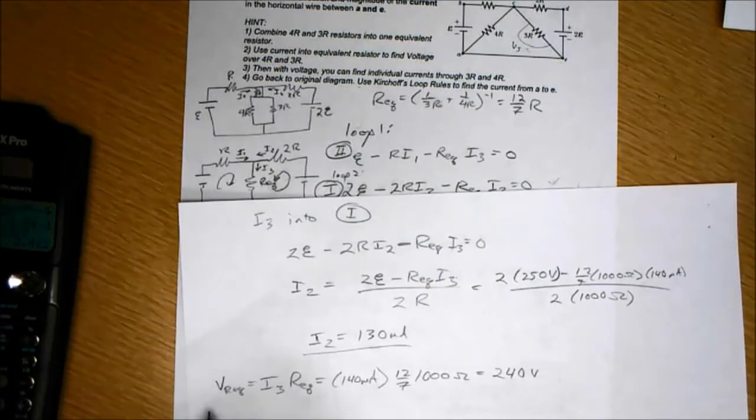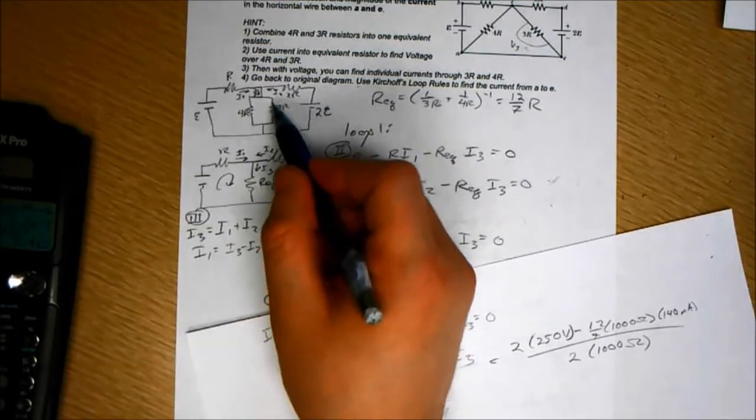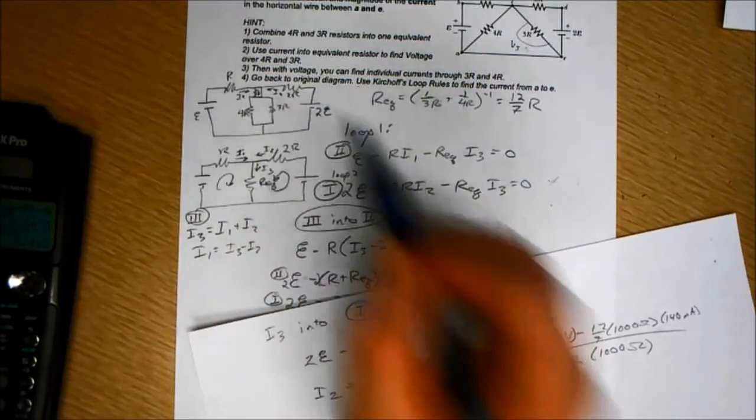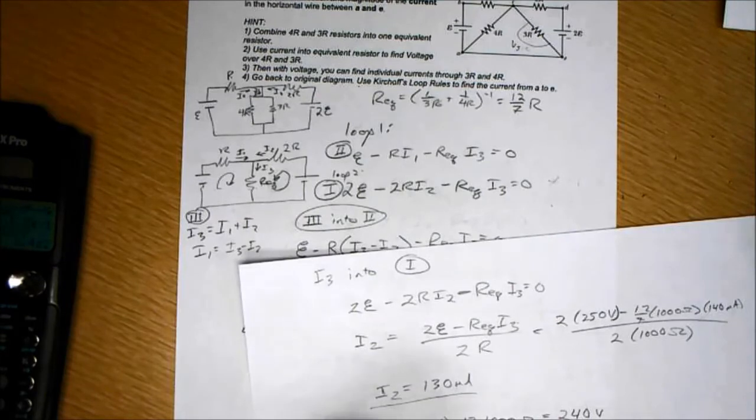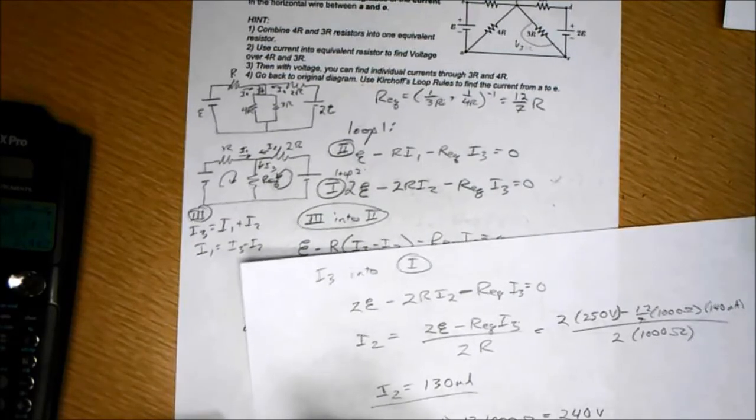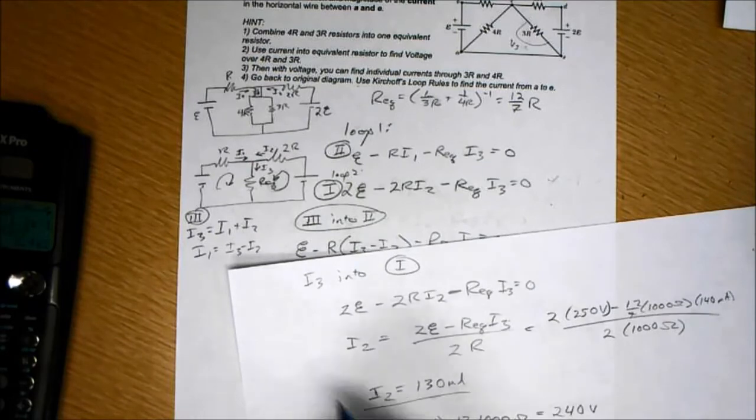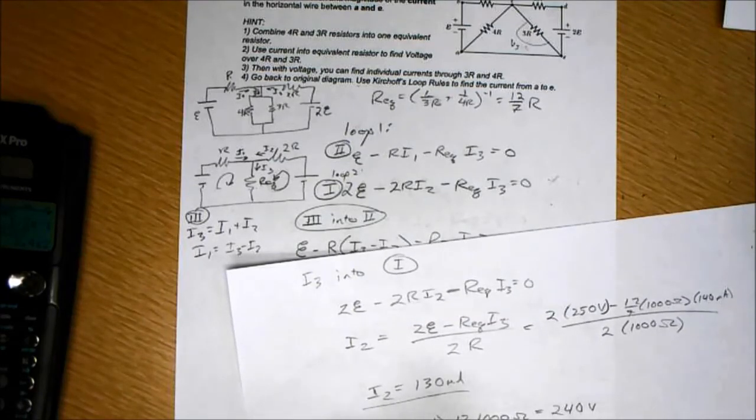Now that we have that, we know that's the voltage drop across the 3 ohm resistor, so I can find the current across the, what do we call that, 3 ohm, or I'll call it I4, what crosses the 3 ohm resistor. So that is V3 over R3, if you want to say, 3R, excuse me.